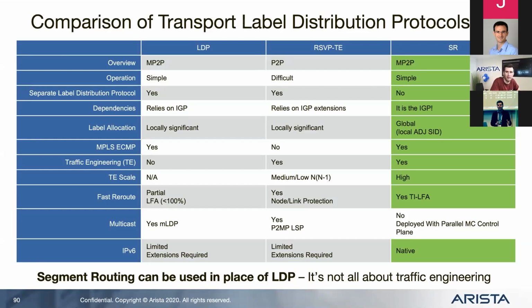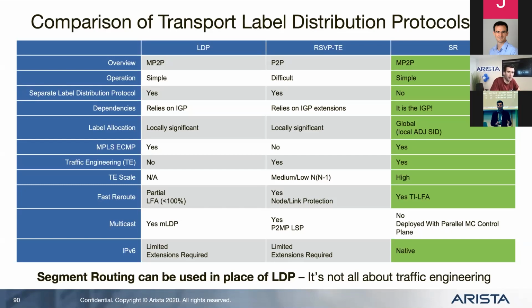One point I've not mentioned here quite so much is also fast reroute is provided via TI-LFA, so topology independent loop free alternative. And what this provides is fast reroute capability with 100% coverage. And again, we're probably going a bit deep here, but we can explain this in a future session.